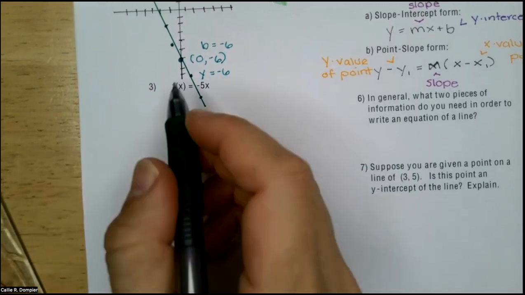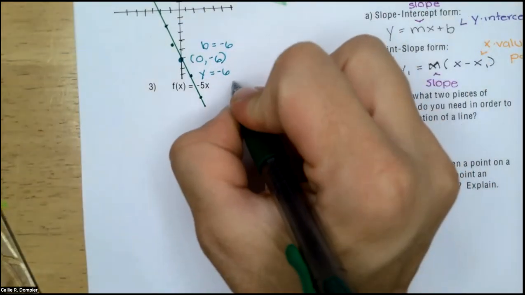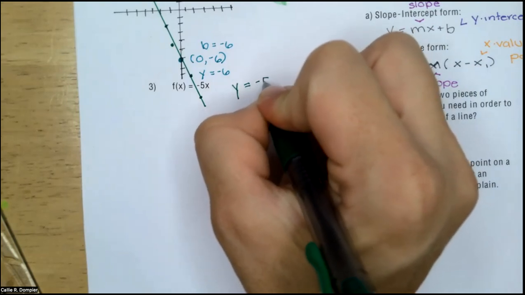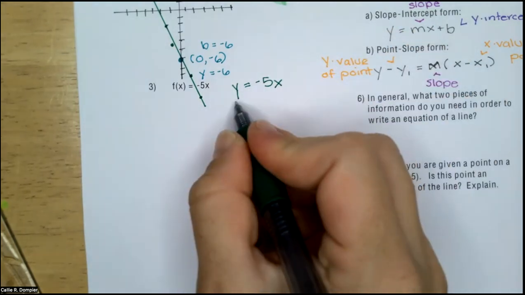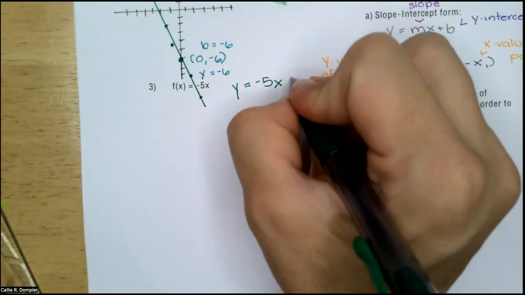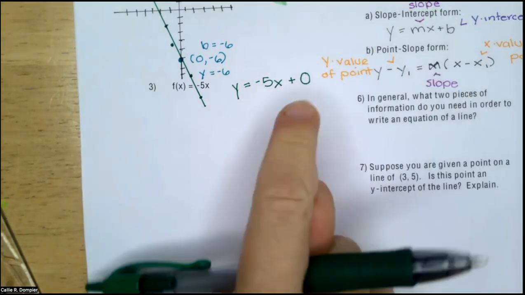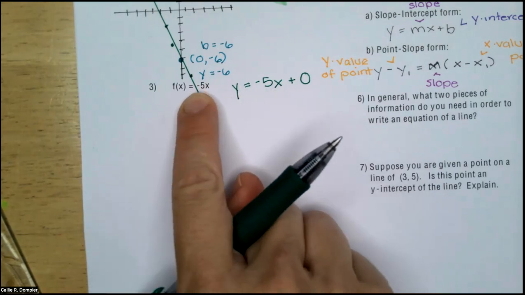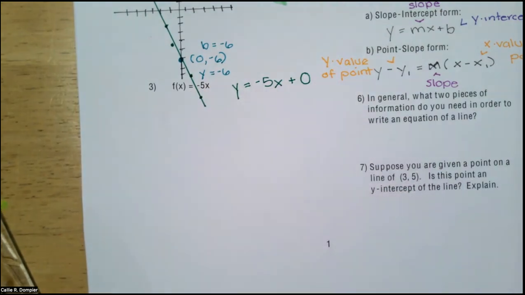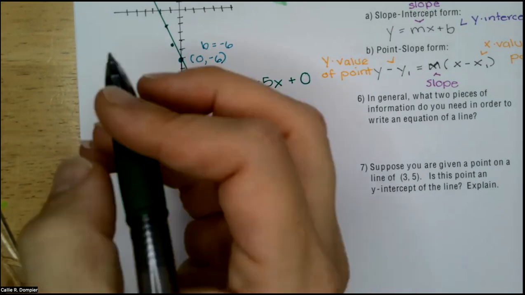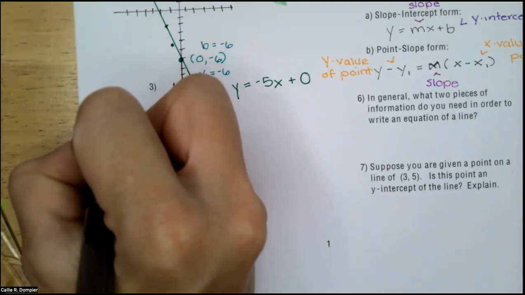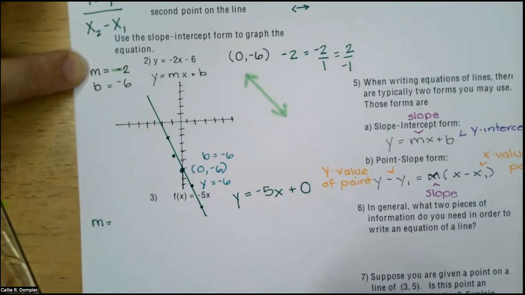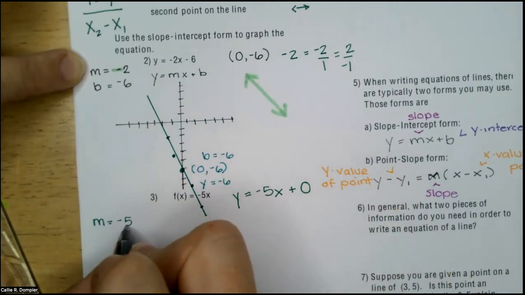All right. Here we have f of x equals -5x. Remember, f of x just means it's a function, so that's still y equals -5x. And in terms of y equals mx plus b, you can even say -5x plus 0, right? Because -5x is the same as -5x plus 0. We added nothing. We didn't change anything. So that means my slope, just like up here where my slope was -2, now my slope is -5.